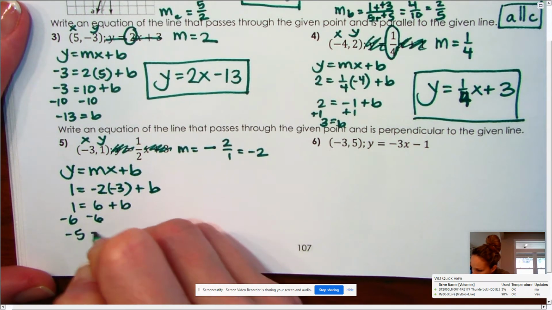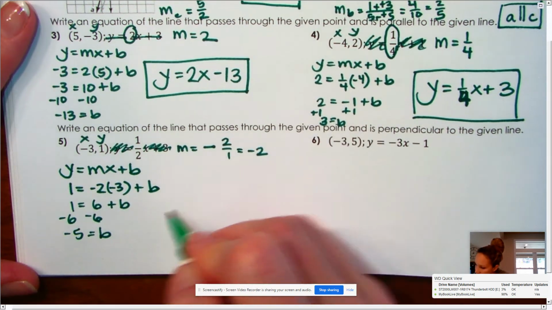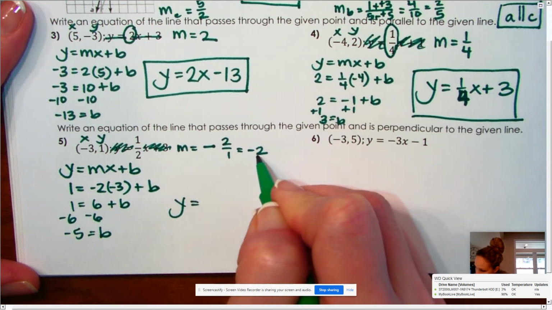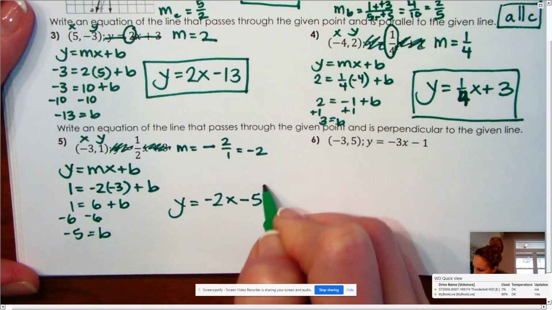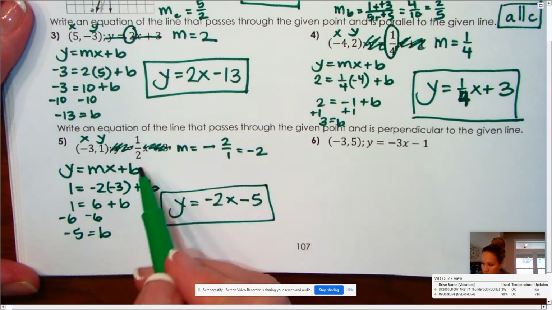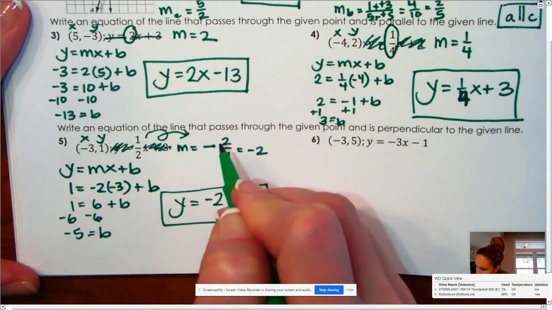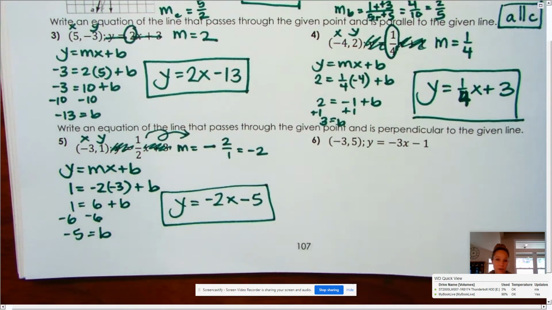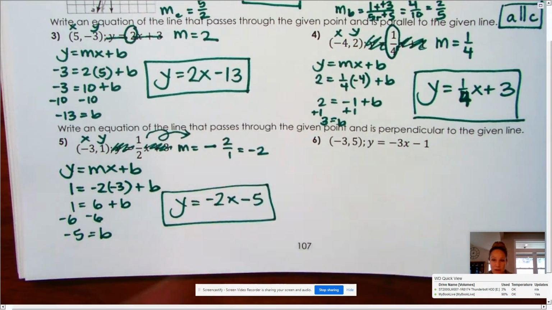So I get -5 is equal to b. Again, my final answer is going to be y equals mx plus b. And remember that 1/2 we just used to flip it over, change the sign to get our new m. Then we don't use that anymore. We use the m that we found from it.